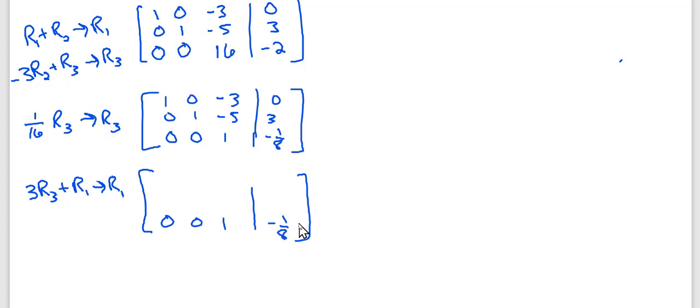I am going to change both the first and second row. 3 times row 3. 3 times 0 plus row 1 gives me a 1 here. 3 times 0 plus 0 gives me a 1. Woohoo!